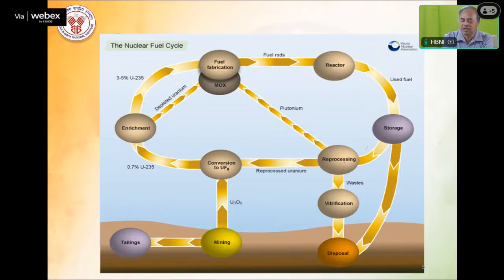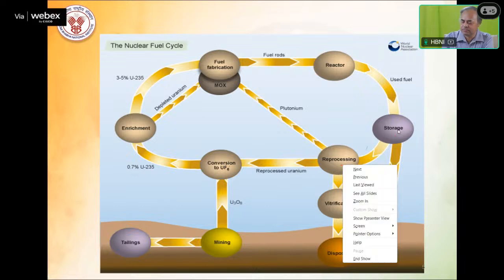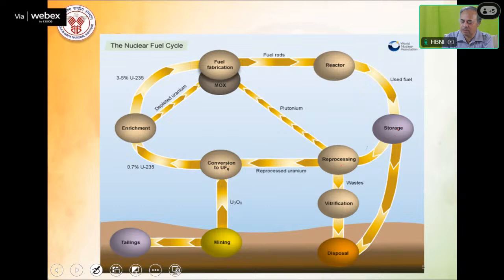After storage, either it can be taken up for reprocessing or it can be sent for direct disposal. After reprocessing, the plutonium can be taken up for reutilization as MOX fuel, mixed oxide fuel, and reused in the reactor.